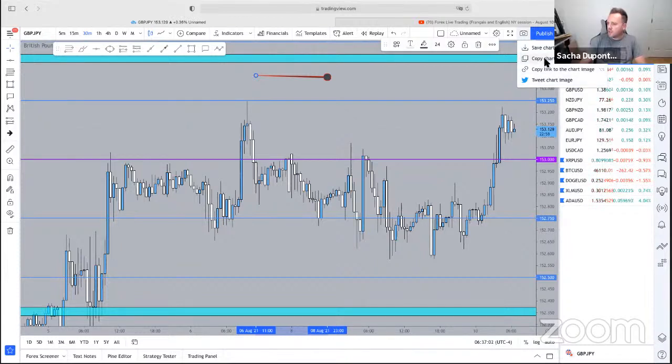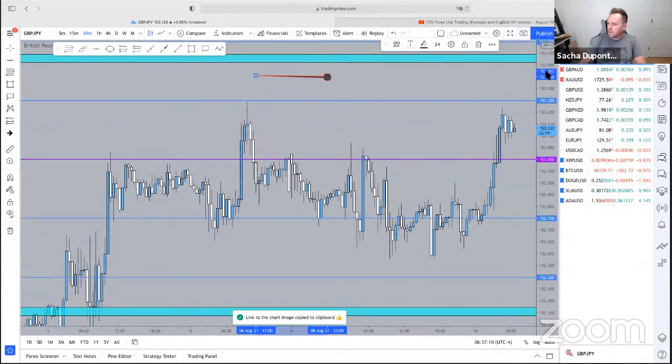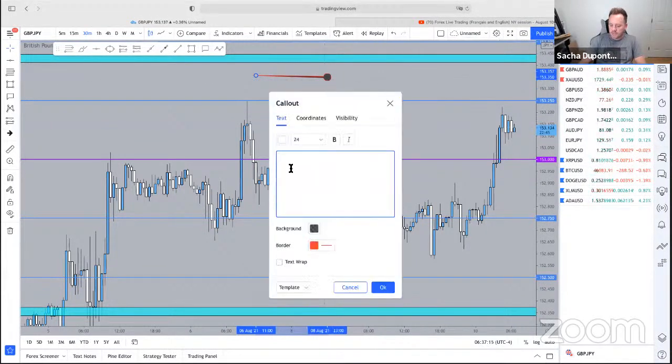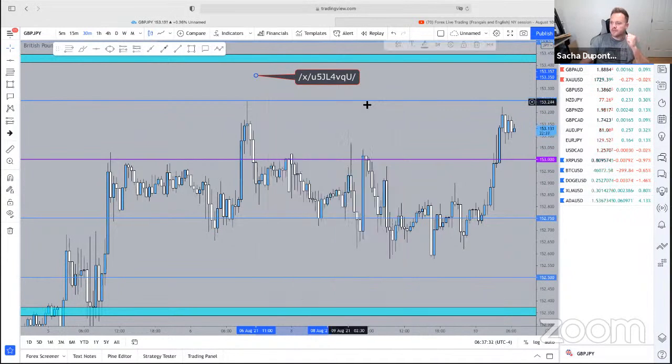Copy link to chart image is the one that you always use. But how are they going to paste that? I'm trying to paste it here. Oh, here we go, that worked. Okay, perfect. So you paste that, but you do not press enter. You need to erase this part, and after that, you're going to paste just this part in the chat. All right.